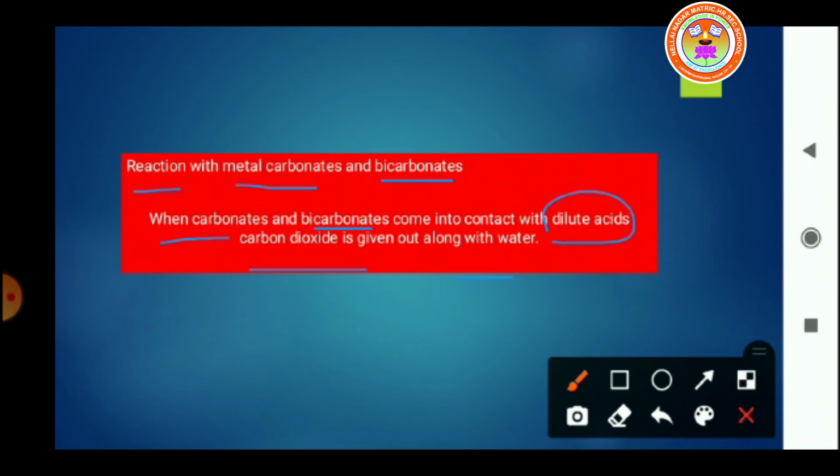So what is the meaning? Whenever metal carbonates and bicarbonates react with dilute acids, what are the major products here? That is carbon dioxide, water, and one more, that is metal salt. Okay, clear?